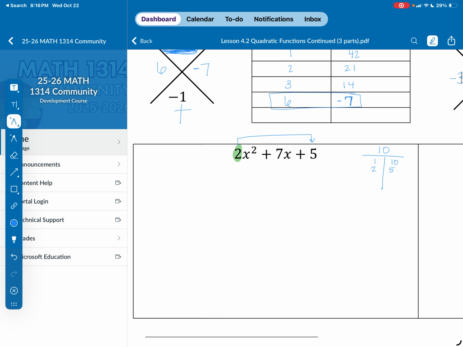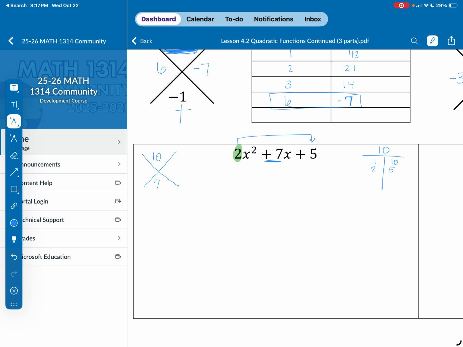Okay. So now I'm going to use my little diamond thing here. And remember, my C goes up top. So my 10 goes up top. And then my b, my middle term, is what is going to go on the bottom. So I'm going to go back over here to my t-chart to see, well, which pair of factors can be added together to give me a positive 7.